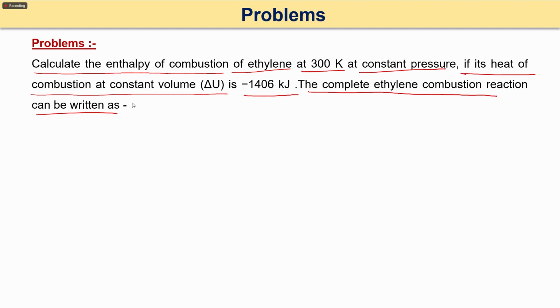Now let us quickly solve this question. Let us write the reaction for the combustion of ethylene, which is C2H4 gas, plus 3O2 gas, and combustion produces carbon dioxide gas and water.